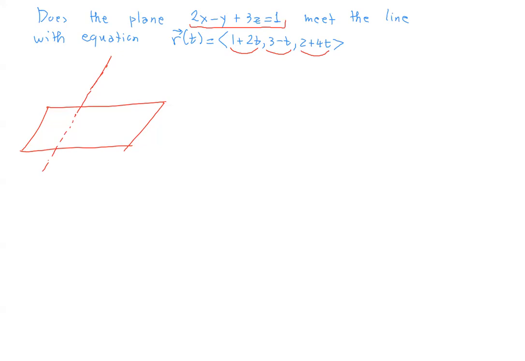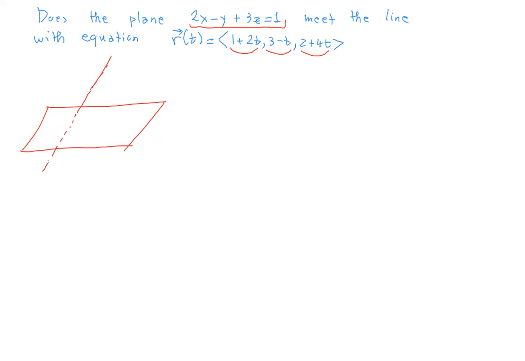If you find infinitely many solutions, you are in the case that the line fully belongs in the plane. If you find one solution, then the line will just intersect the plane at one point.